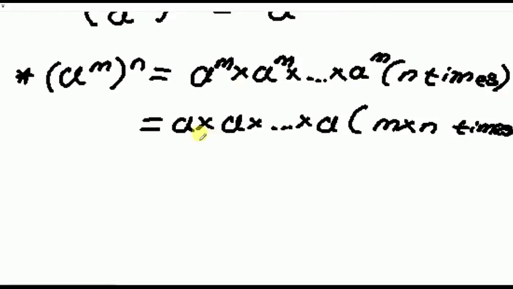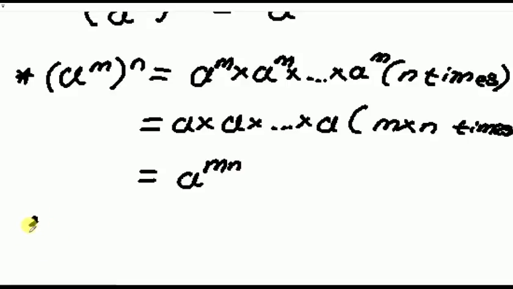So we're only having a's remaining. So from this point, that's how we got a to the power mn, or a to the power m multiplied by n.